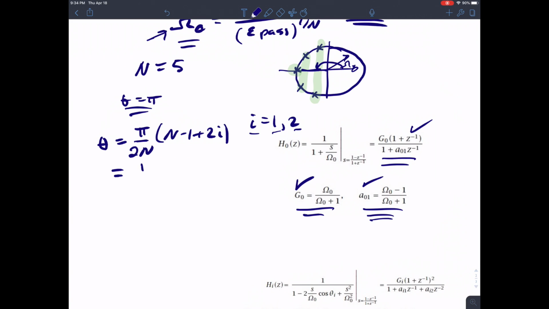So I plug in n equal to 5, so this would be pi over 10, times n minus 1, 5 minus 1 is 4, plus 2 times 1. So one of the angles is 6 pi over 10. That'd be theta 1.